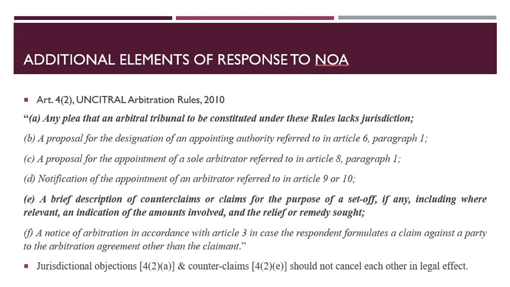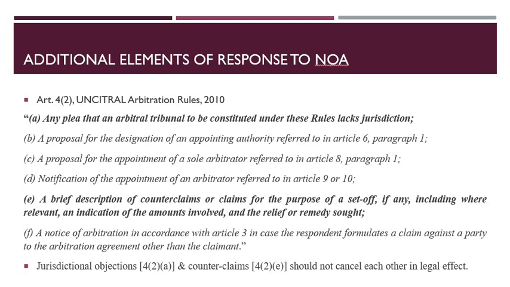D. Notification of the appointment of an arbitrator referred to in Article 9 or 10. E. A brief description of counterclaims or claims for the purpose of a set-off, if any, including, where relevant, an indication of the amounts involved and the relief or remedies sought.